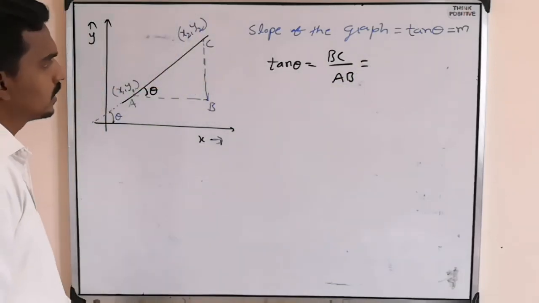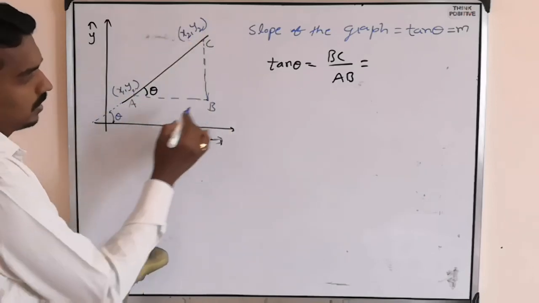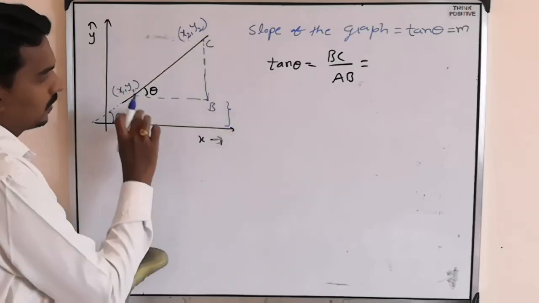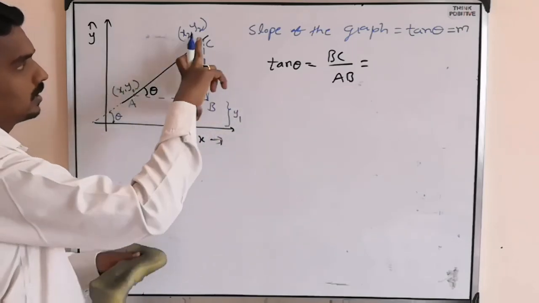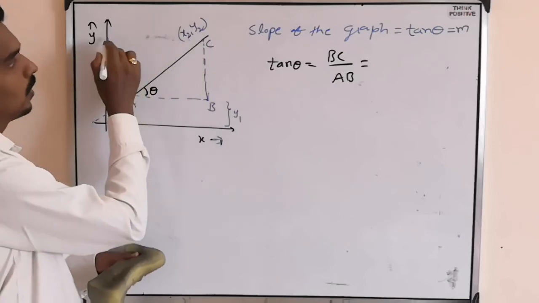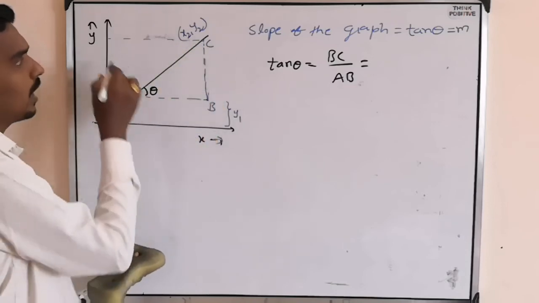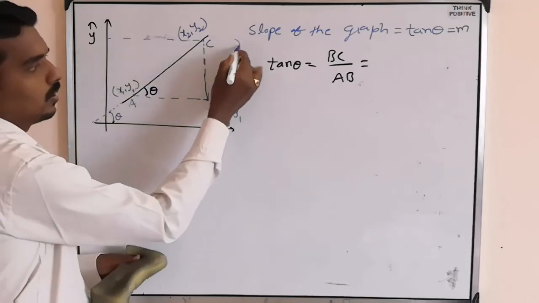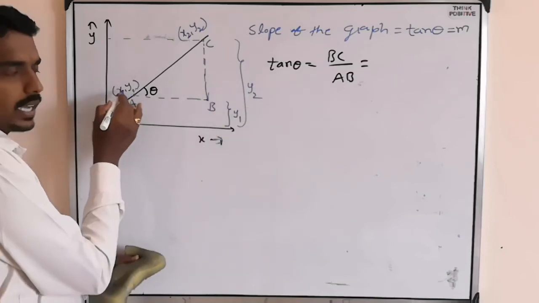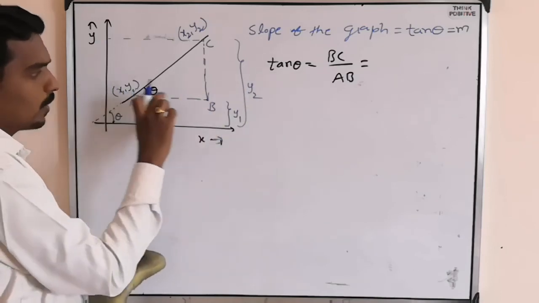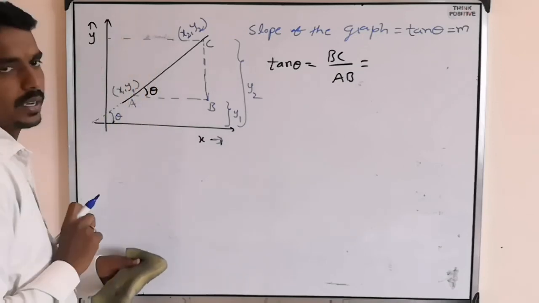Or else, see here, BC. This is y1 and this is y2. This point is x2, y2, so what is the value on y? y2. Here the point is x1, y1, so the y value is y1. So this is y1, this is y2.